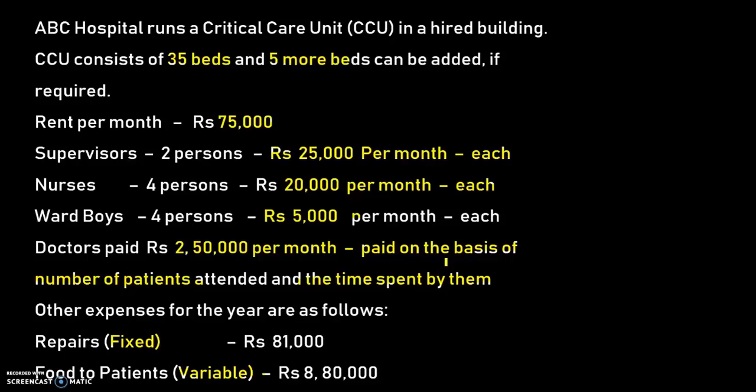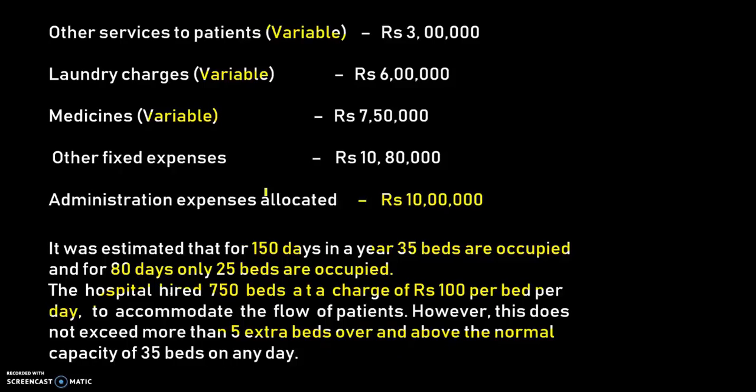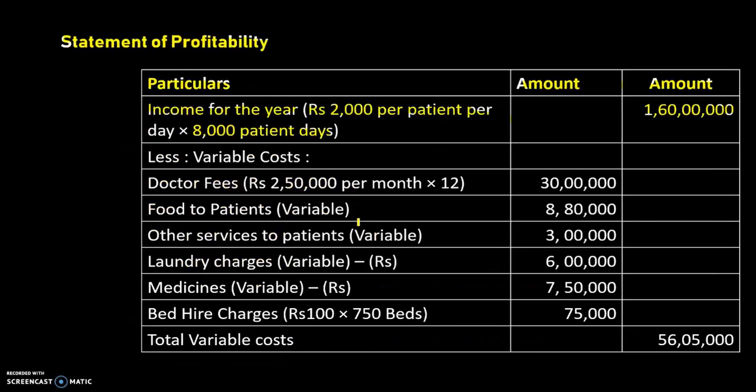Whereas doctor salary is variable because it is paid on the basis of number of patients attended and the time that is spent by them. Then repairs fixed, food to patients is variable, other services to patients are variable, laundry charges, medicines are variable. Then other fixed expenses given, administration expenses allocated is given, those two are fixed. So let's capture them one by one.